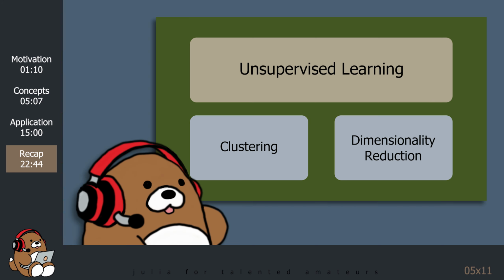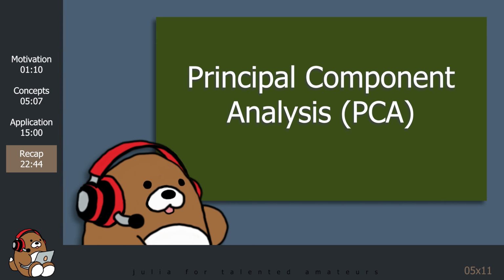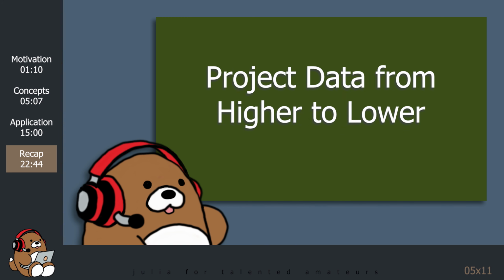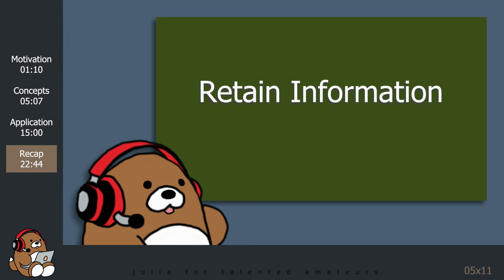That was pretty interesting, right? So to recap, unsupervised machine learning has 2 primary subfields: clustering and dimensionality reduction. There are many different algorithms that fall under dimensionality reduction, and principal component analysis, or PCA, is one of them. The PCA algorithm projects data from a higher dimensional space onto a lower dimensional surface, while still retaining most of the information from the original data.